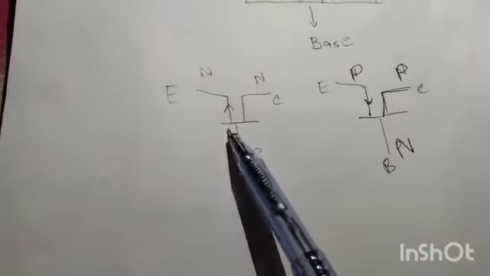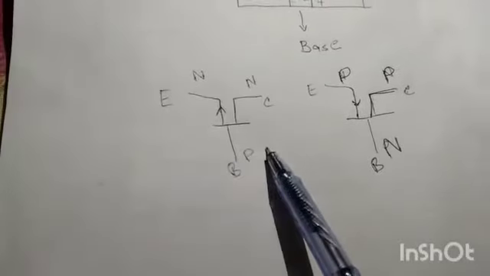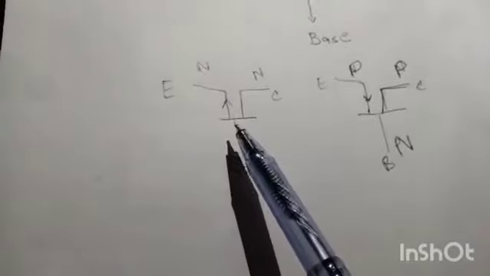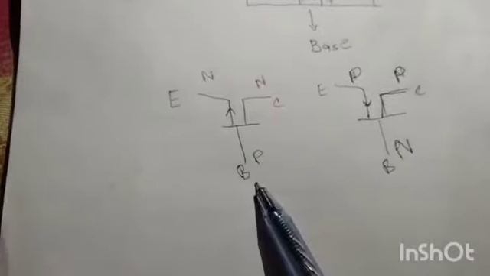Why is there a difference in the direction of the arrow? In normal operation, the transistor works in such a way that the emitter-base junction is in forward biased mode and the collector-base junction is in reverse biased mode.